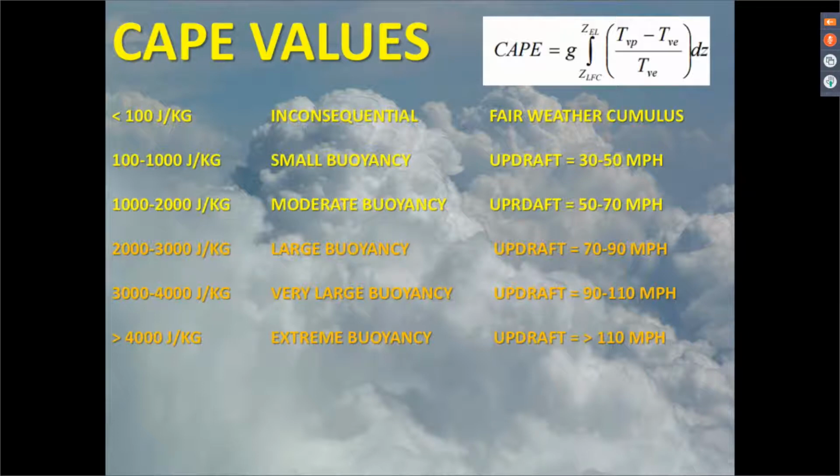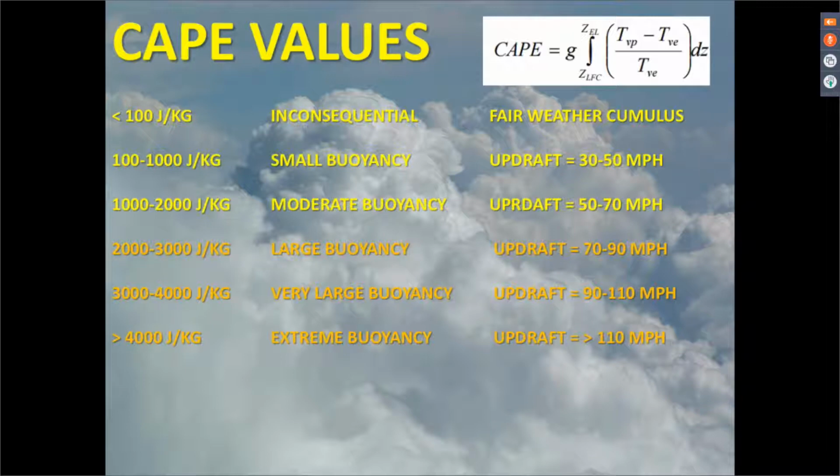Well, basically anywhere from 100 to about 1,000 is considered small CAPE. Basically, you're not going to get super intense thunderstorms just with that amount of CAPE alone. But once you start getting above 1,000, 1,000 to 2,000, that's considered moderate amounts of CAPE. And really anything over 2,000 is considered large amounts of CAPE.